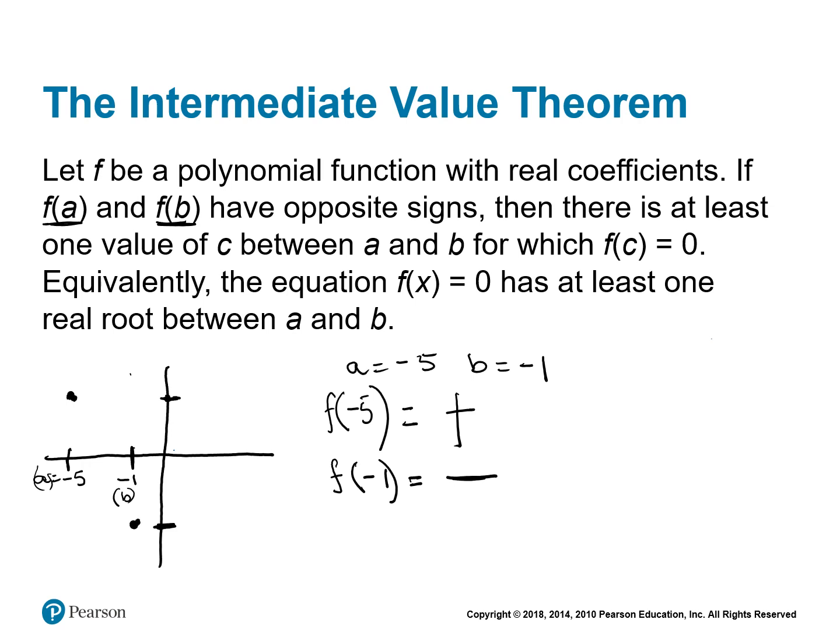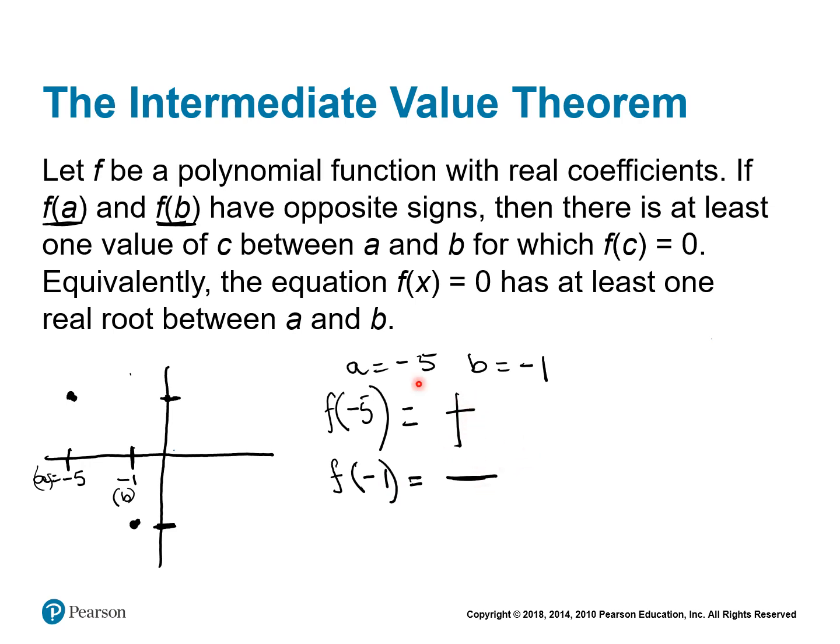A negative y value is somewhere here on the negative y axis. So now we have f of a and f of b, f of -5 and f of -1.